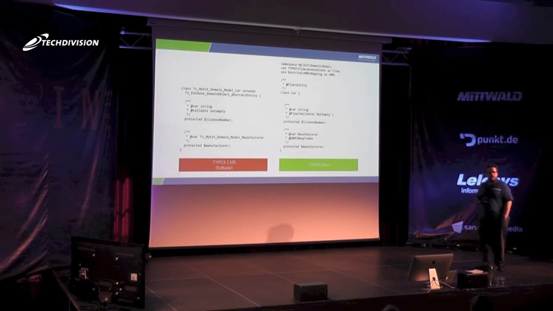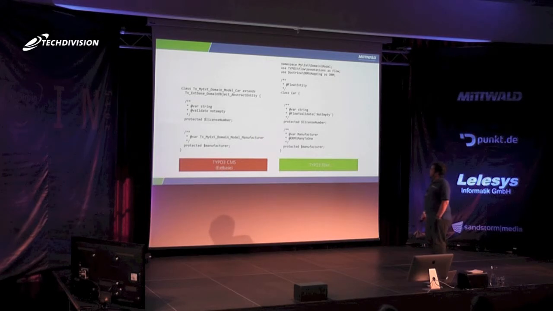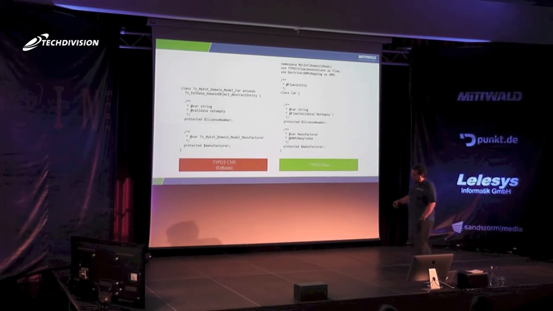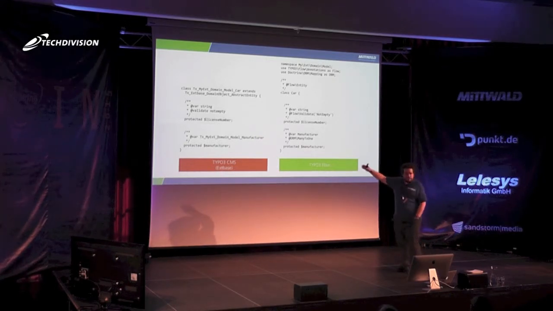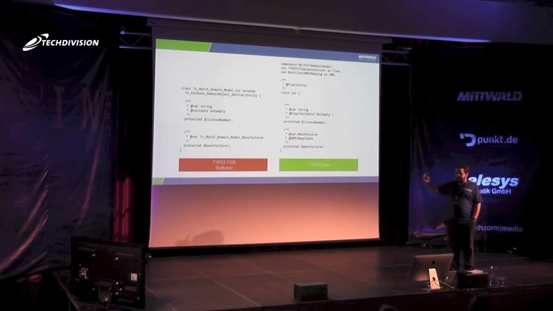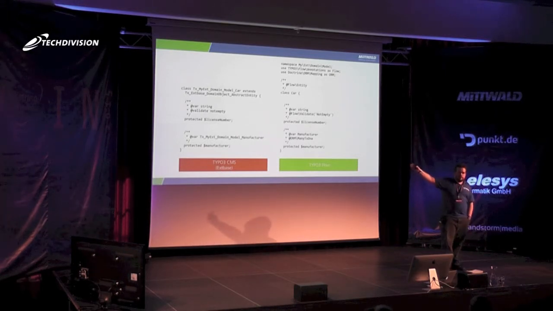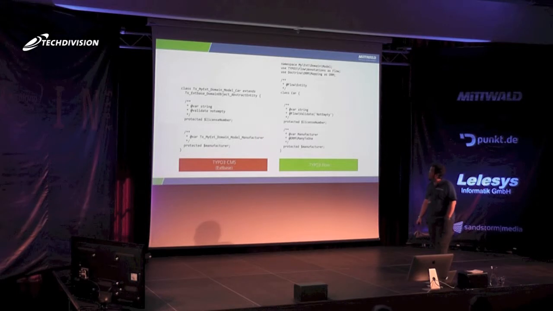And as you can see, the programming concepts are actually quite similar. And we also can infer from these two pieces of code what we actually have to do to migrate a class like the one on the left side to its TYPO3 Flow equivalent.